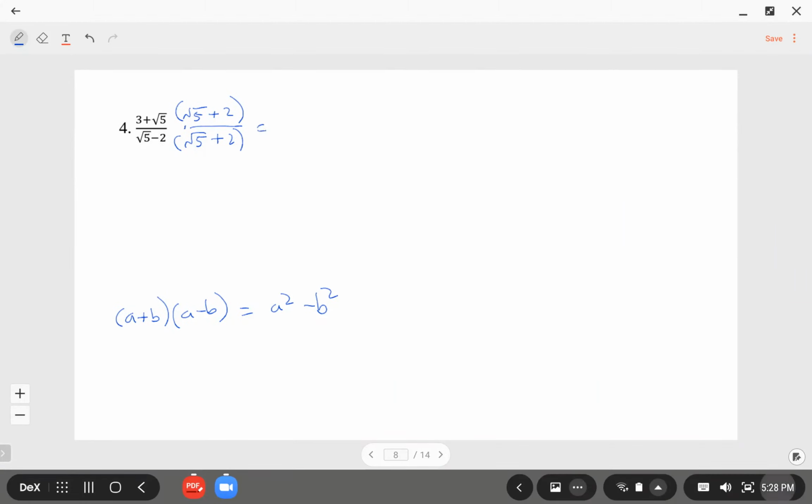After we do this, we can just multiply the top, multiply the bottom, and what we get is 3 times the square root of 5, and then plus 5, square root of 5 squared, and then plus 2 times the square root of 5 plus 6.